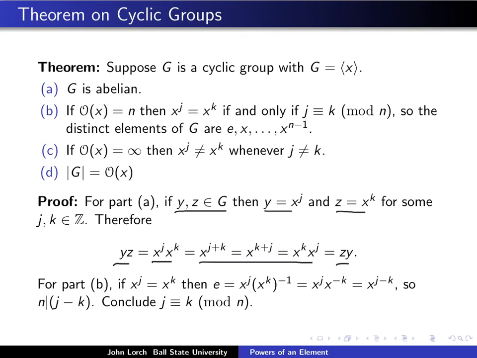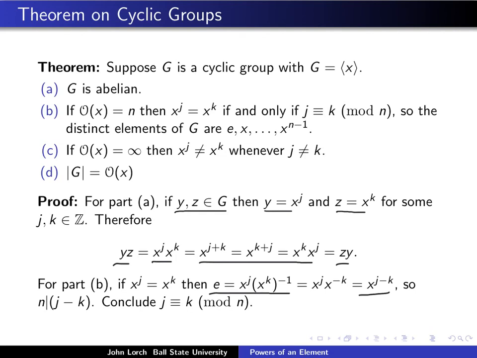Now, for part B, let's suppose that we have x to the j equaling x to the k. If you multiply by x to the k inverse on both sides of that equation, you wind up with E being equal to x to the j times x to the k inverse. And then using our laws of exponents, we see that that is actually equal to x to the j minus k.